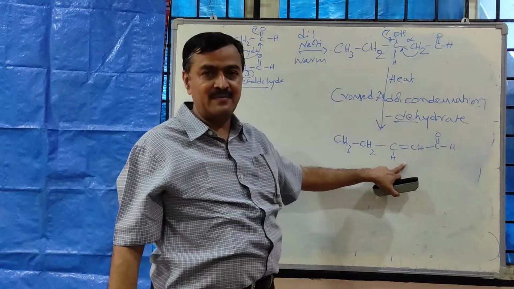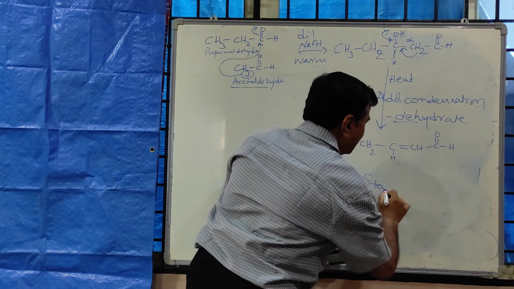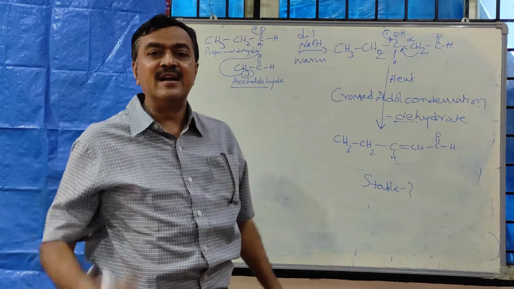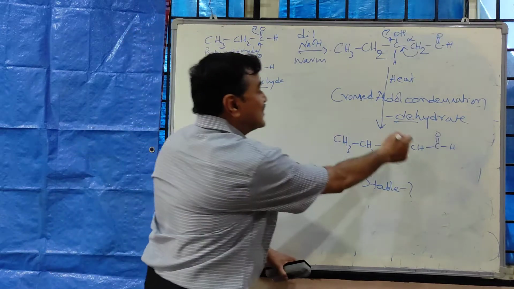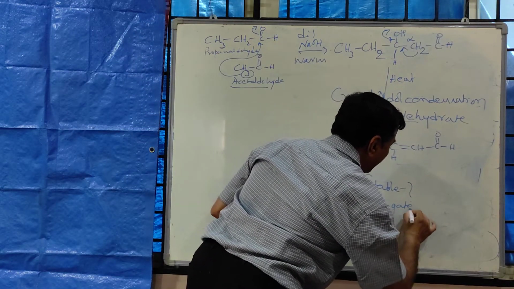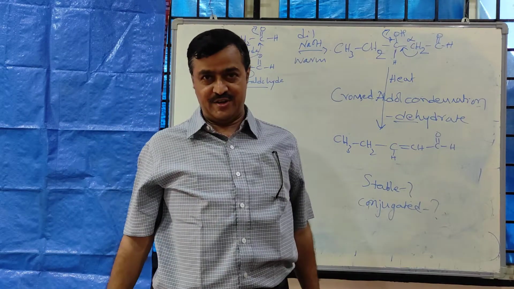And this is stable. Then the question that arises is, why is this stable? It is stable because this aldehyde is conjugated. Then what is conjugation?